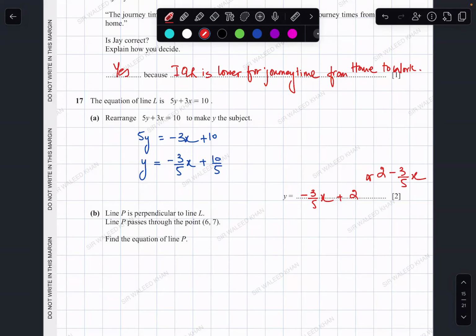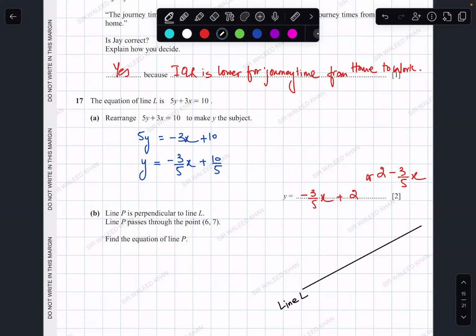Okay. Equation of line P. So let's say this is line L. Randomly drawing. Line L. Okay.